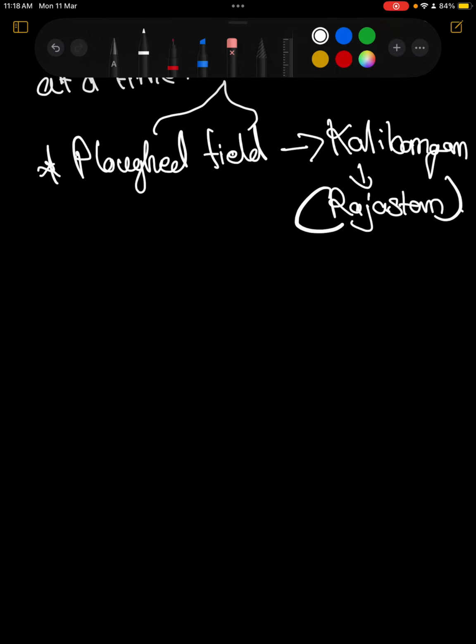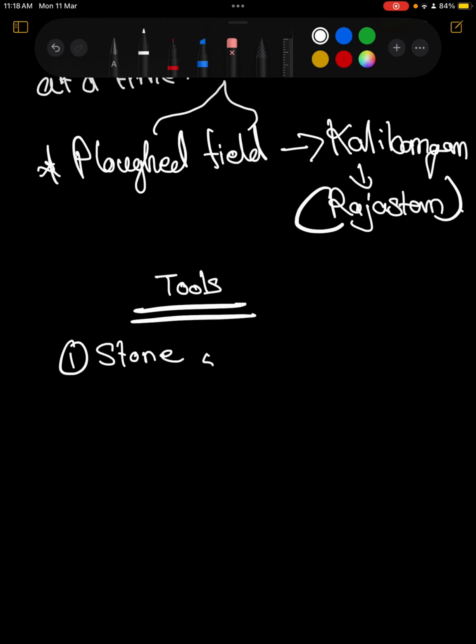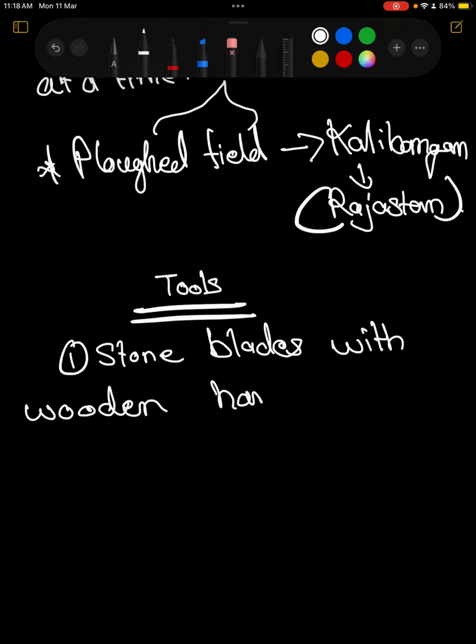Now we have also tried to identify the tools that were used for cultivation, for agriculture purposes. Now this is important, tools. They might have used stone slabs. Sorry, not stone slabs, I was thinking about drainage. Stone blades with wooden handles.